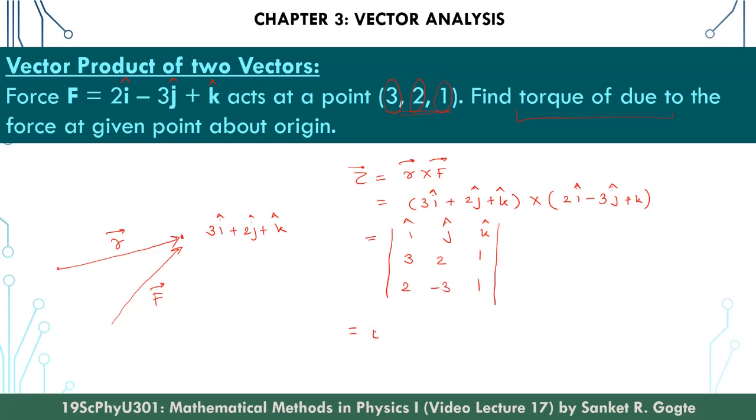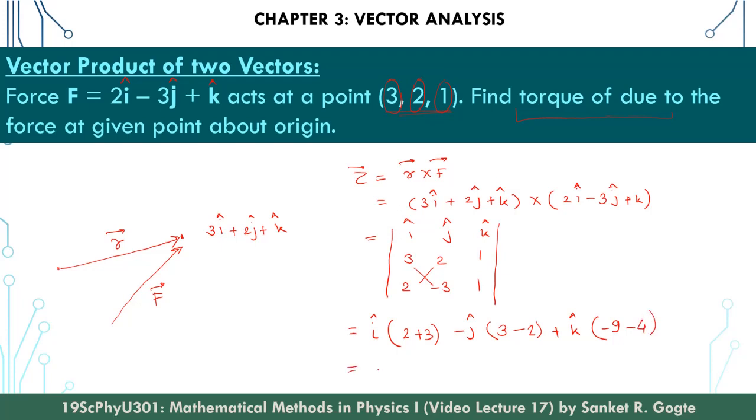This is now I (2 plus 3) minus J into this multiplication 3 minus this multiplication, which is 2, plus K into this multiplication, which is minus 9, minus this multiplication, which is 4.